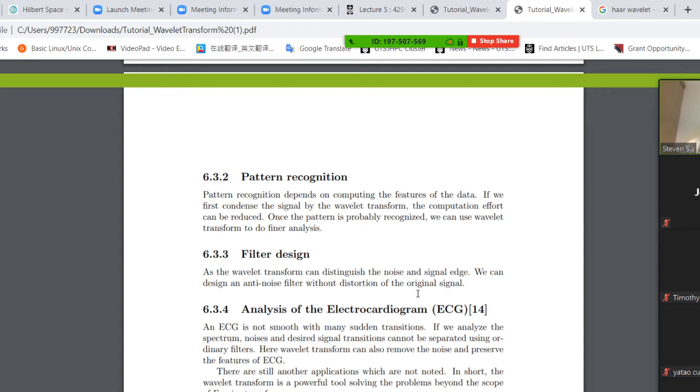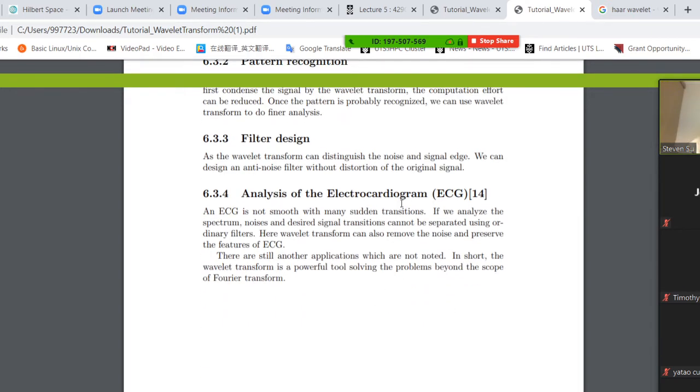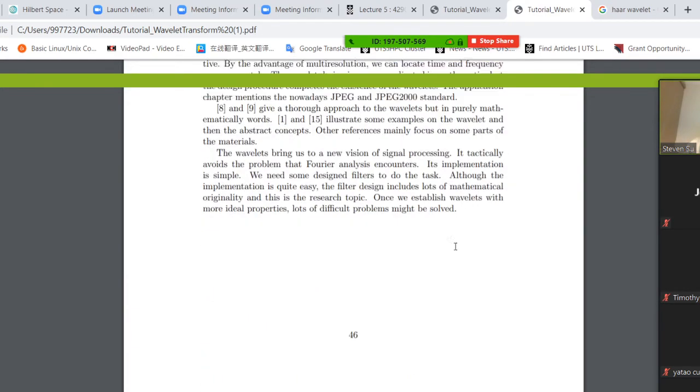I will maybe use an example in MATLAB using discrete-time wavelet to denoise, which is much more powerful than FIR and IIR. You can use different levels of denoising, and also analyze ECG. Of course other signals can also be analyzed. It's a powerful tool.